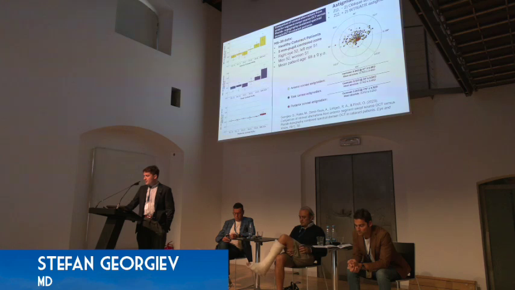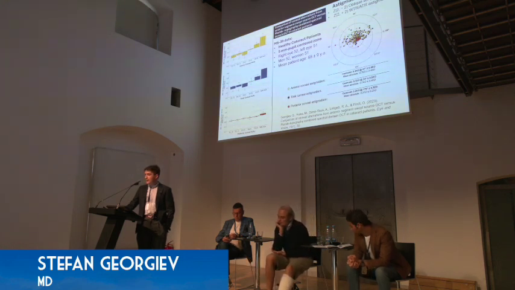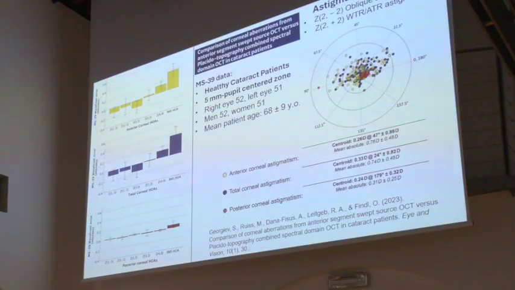We recently published a comparison of the MS-39 against the Heidelberg device for the corneal aberrometric components: anterior, total, and posterior corneal aberrations. As you can see here, on the top left you have the anterior contributions, in the middle the total, and very negligible the posterior ones on the bottom left.